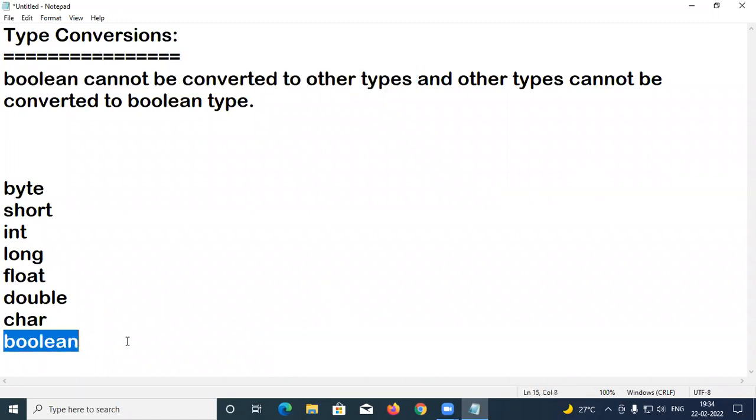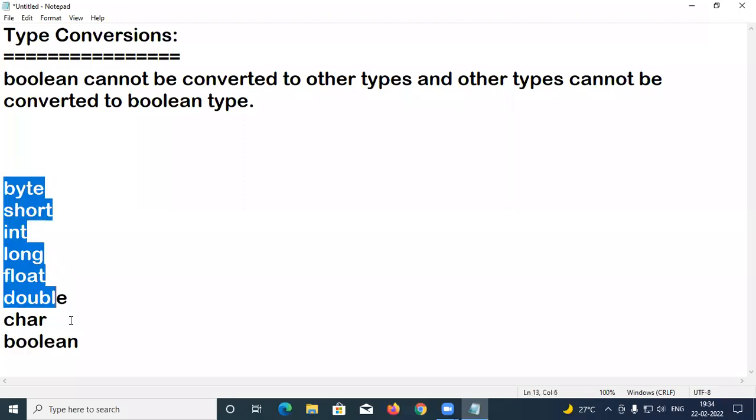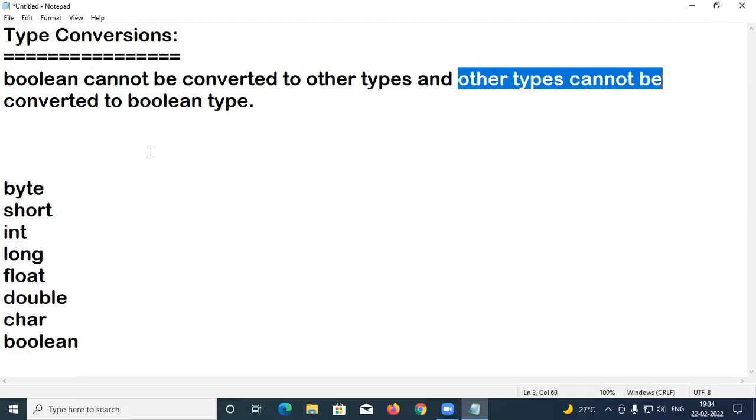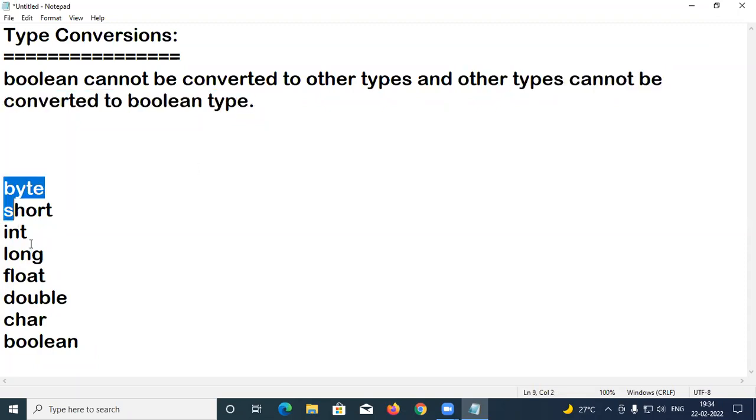So this Boolean, we cannot convert to others, nothing but 7. And other types cannot be converted to Boolean type. This 7 we cannot convert to Boolean. 7 plus 7, 14. One line, if you remember, 14 over, no? Only one line. In a type conversion, if the Boolean data type appears, directly I can write the answer: error. It is not possible.